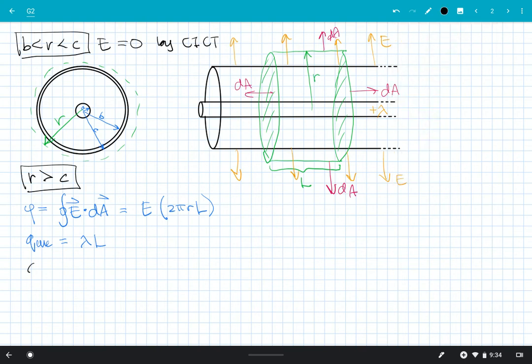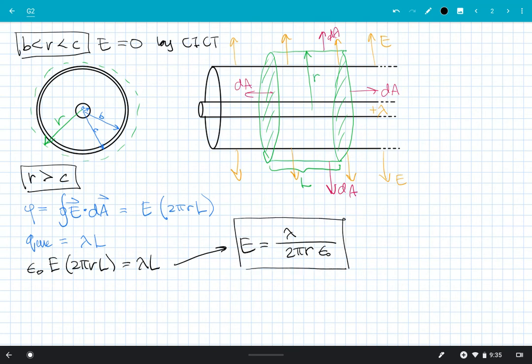If I plug this into Gauss, epsilon naught E 2 pi RL is equal to lambda L. That gives me my electric field, lambda over 2 pi R epsilon naught. Again, that's the same as the result we got for between the cylinders. That's not always true, but it's true for this particular problem. This applies to R greater than C here.